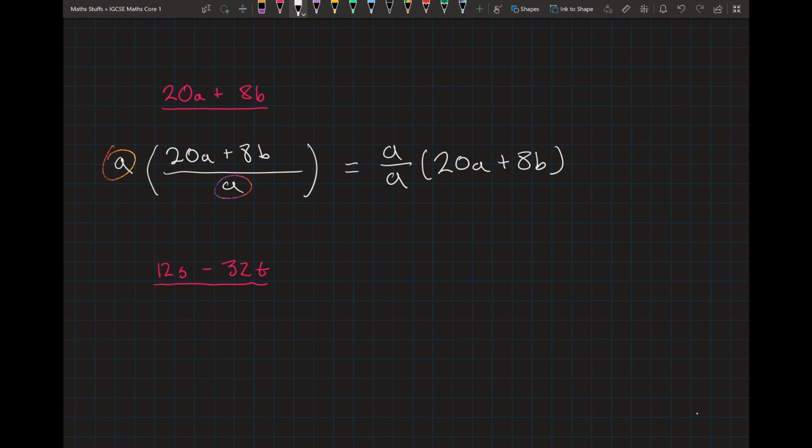But what we're doing here is we're moving this a in the bottom over here, dividing. All right, and the reason we can do this is because what is a over a equal to? What is anything divided by itself equal to? This is 1. So this is the same thing as if we were multiplying this whole thing by 1. So let's finish this up.